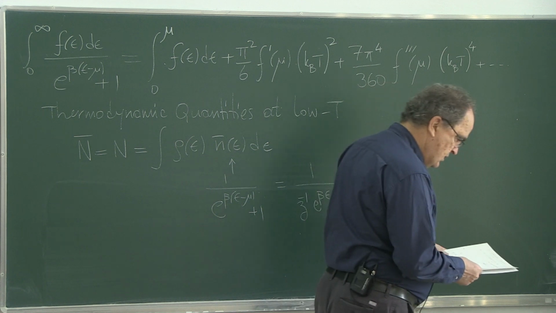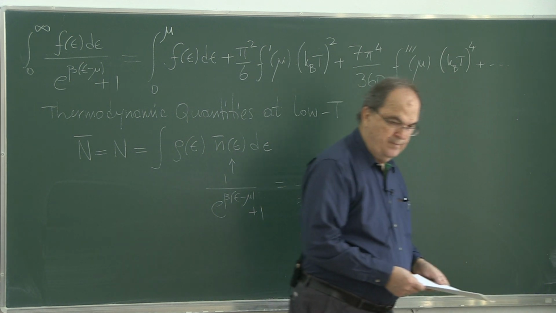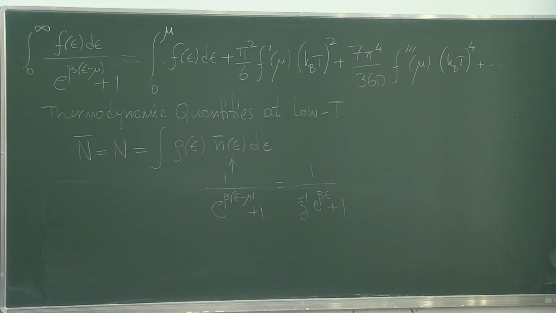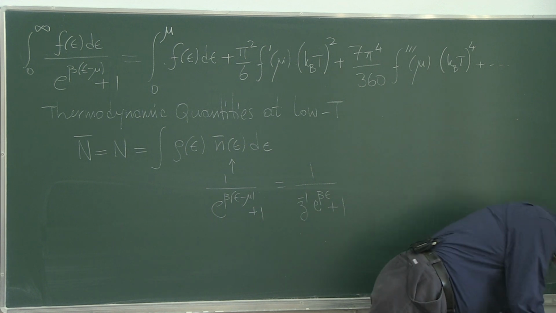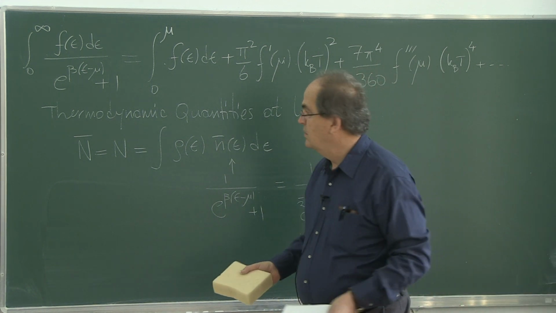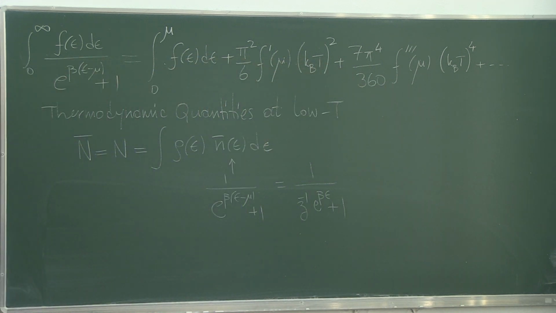Now, let's try to calculate certain quantities. At low temperatures, there is one absolute limit, which is the T equals 0 limit. At T equals 0, everything becomes very simple, isn't it? At zero temperature, you don't have any corrections or contributions.